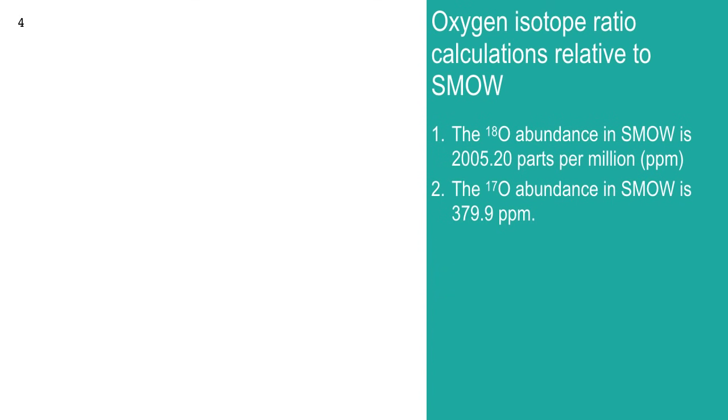The mean ocean water of Earth is about 2005.20 parts per million oxygen 18, that's the heaviest of the stable oxygen isotopes. And then 17 is also a heavy isotope relative to oxygen 16, the most abundant. And oxygen 17 is at about 379.9 parts per million.